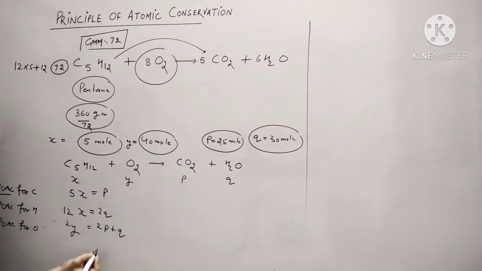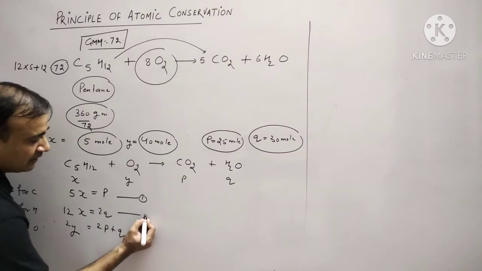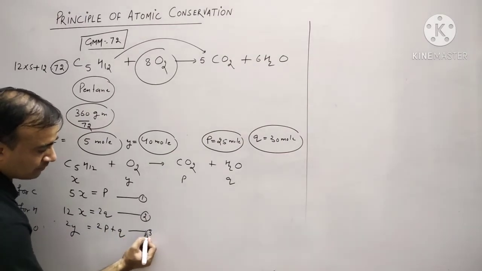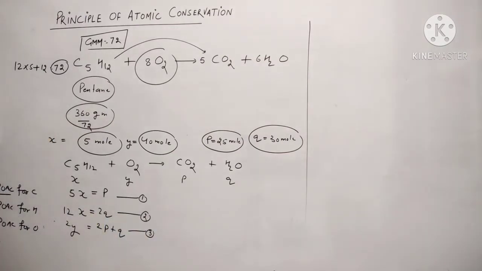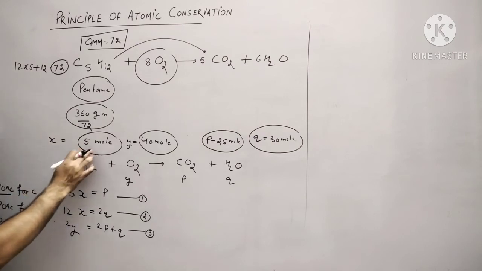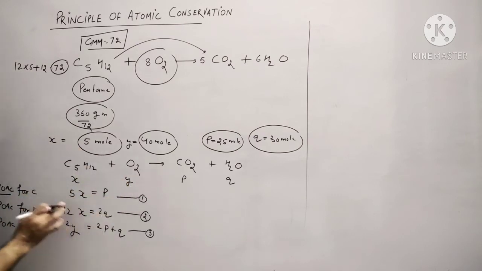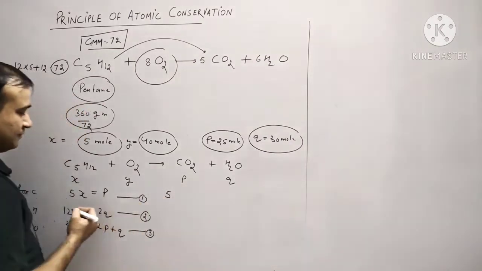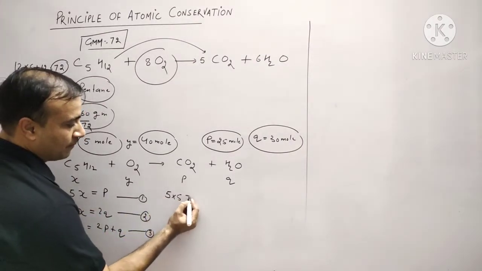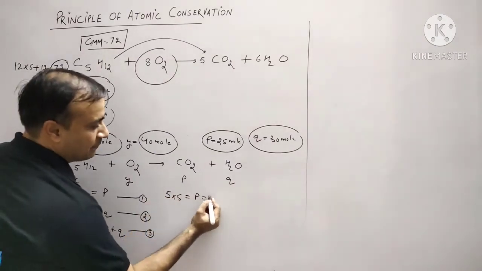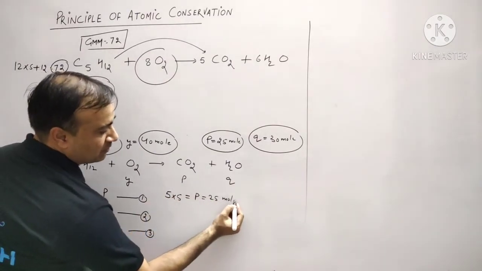These are the three equations of POAC. We are given X is equal to 5 and Y is equal to 40. So 5 into 5 is equal to P. That P comes 25 moles.